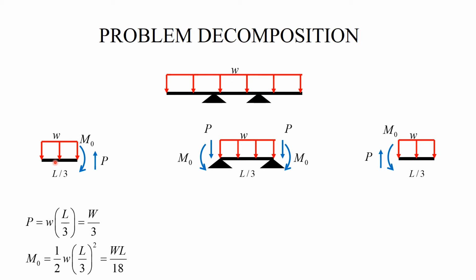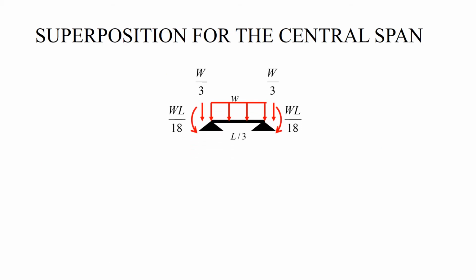Now, let me focus on this beam. So let me redraw it, emphasizing that this beam is subjected to the uniformly distributed load, two couples, and two vertical forces at the supports, and all of these loads are explicitly defined.